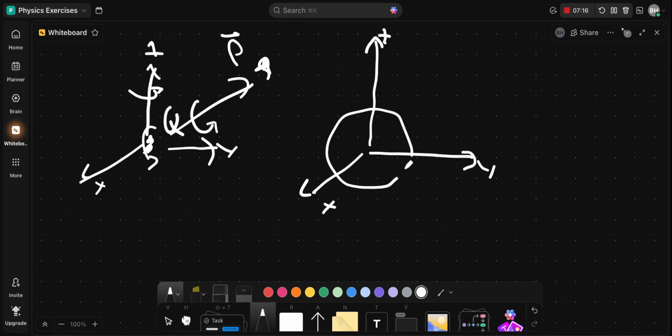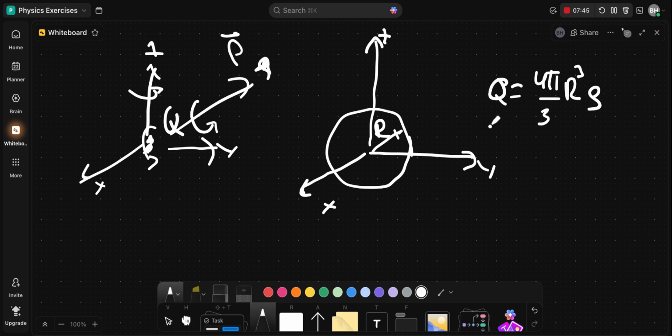Here's a sphere, and suppose that this sphere has a radius, capital R, and it could have a homogeneous charge density inside, in which case the total charge is 4 pi over 3 R cubed times the density. But in any case, this is also a spherically symmetric charge distribution.